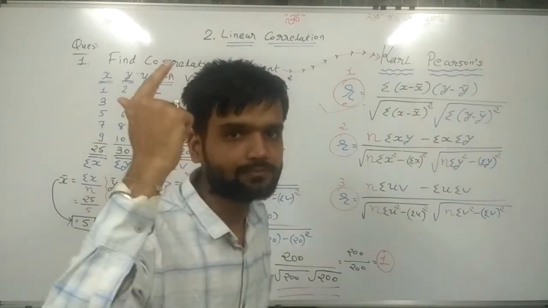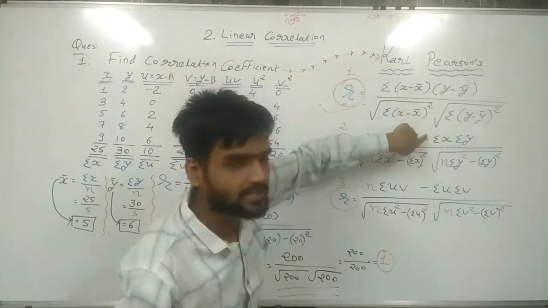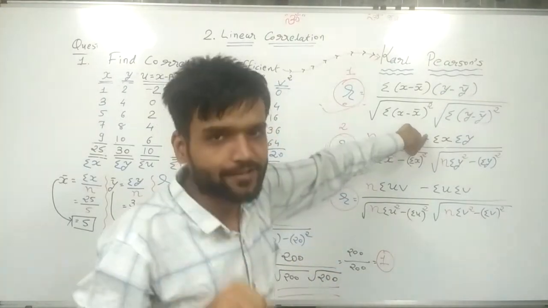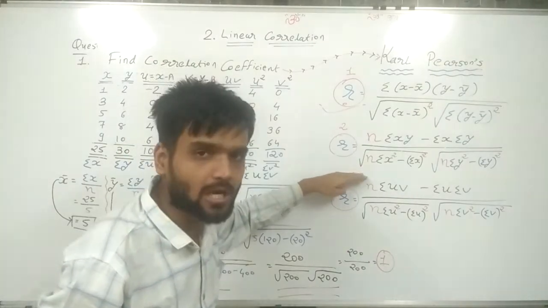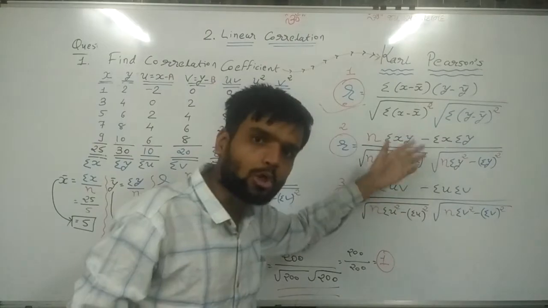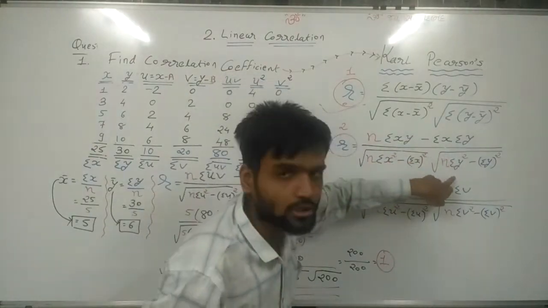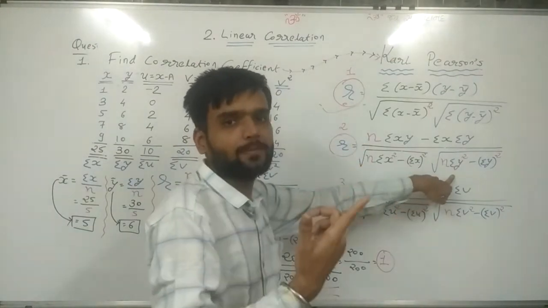Again I repeat, n sigma xy minus sigma x sigma y, under root n sigma x square minus (sigma x) whole square, second under root n sigma y square minus (sigma y) whole square.